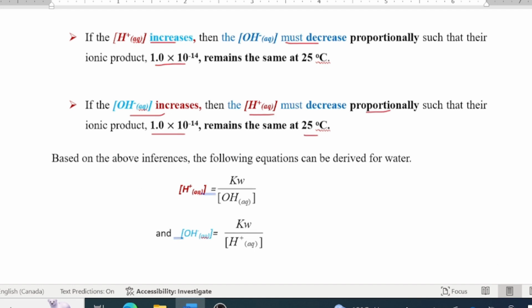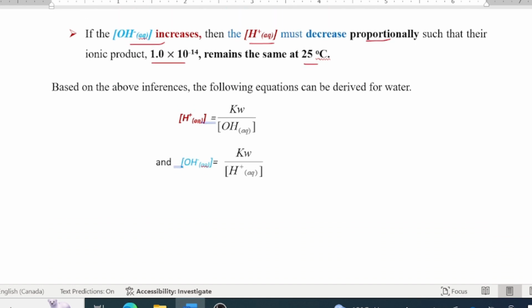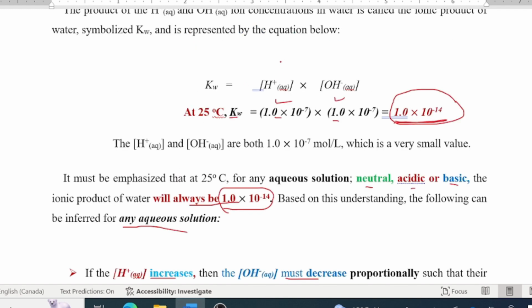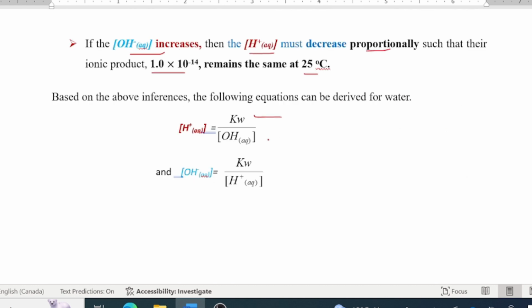So based on that, we can derive these equations. We know that Kw is equal to the H concentration times the OH concentration. So we can manipulate this equation to find any one knowing the other two. If someone gives you the OH concentration of the solution, you can find H by dividing Kw by the OH concentration.